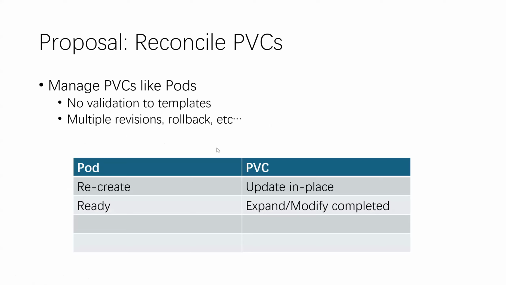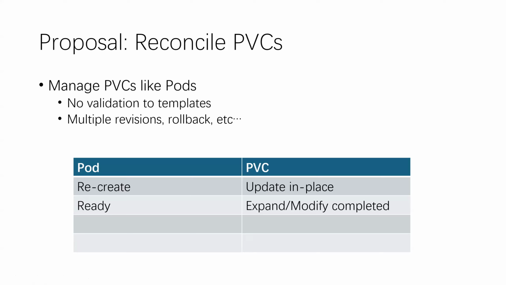Okay, so how do we reconcile the PVCs? My proposal is to manage the PVCs like how we manage pods. So we don't do any validation of the templates, just like we don't validate the pod template.